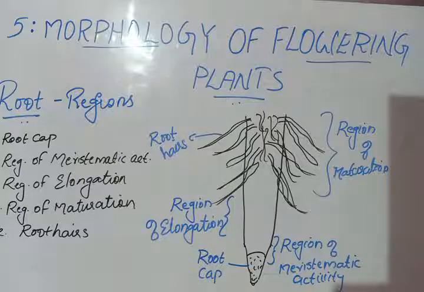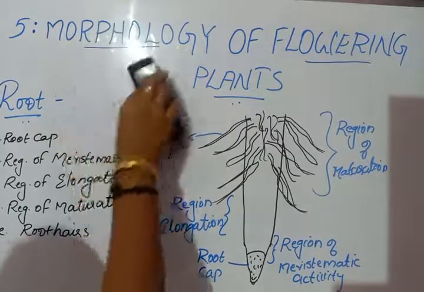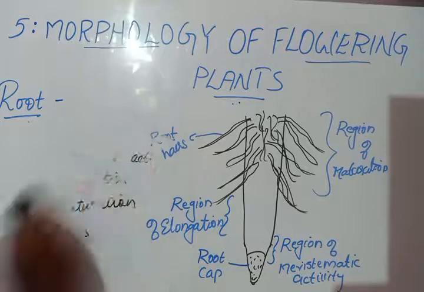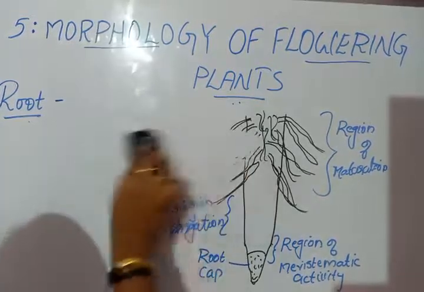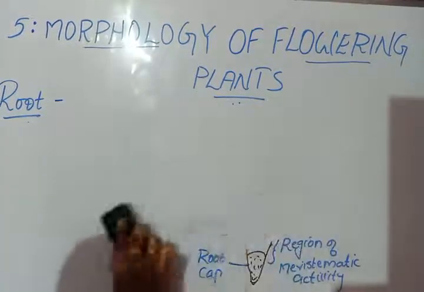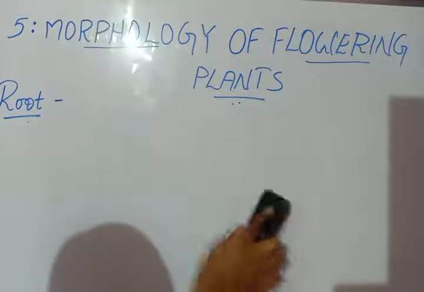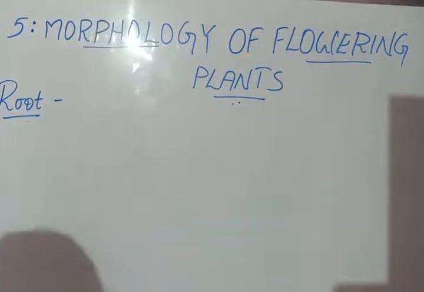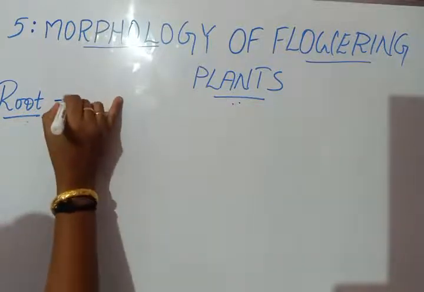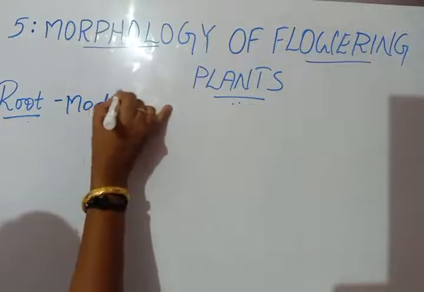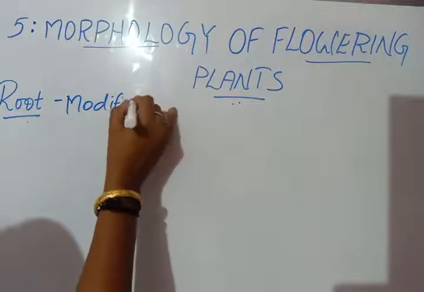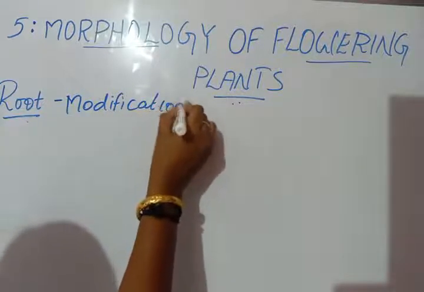That modification is what we are going to look at. So we studied what is root, then the types of root system, now the regions of root system, and then now it is root modification.